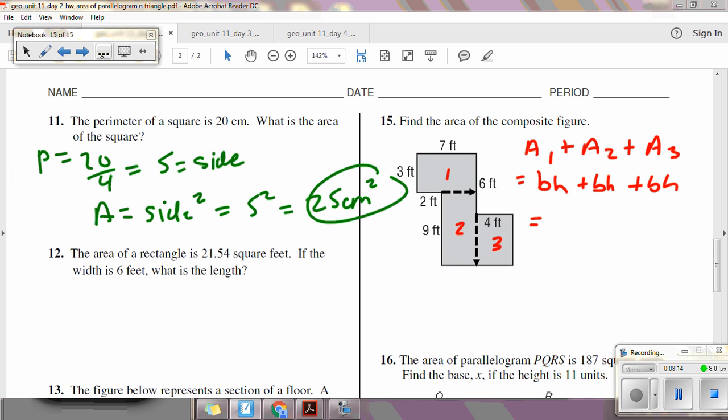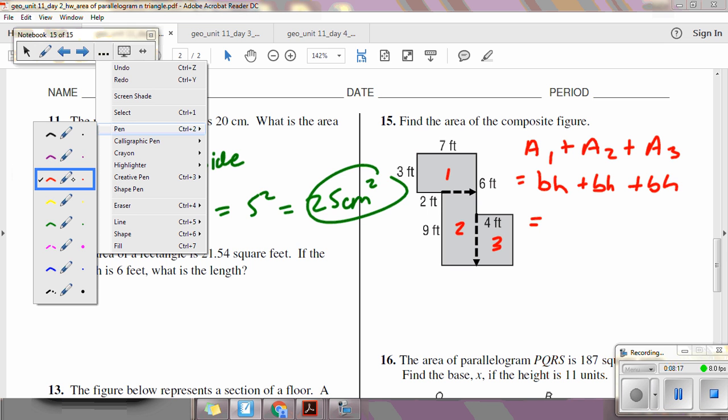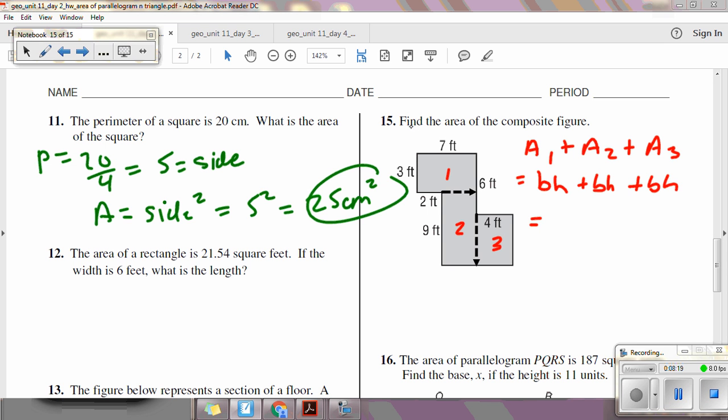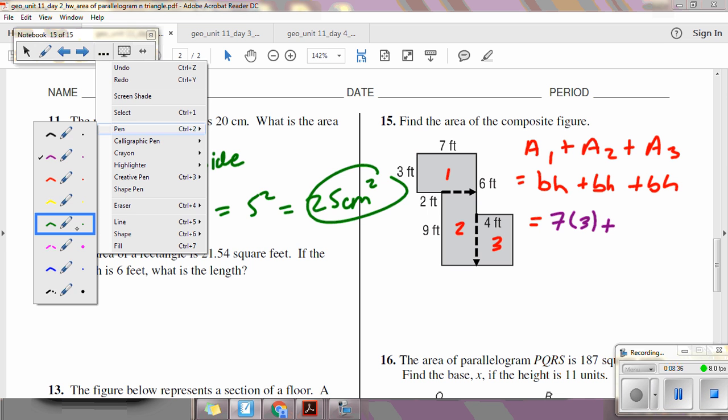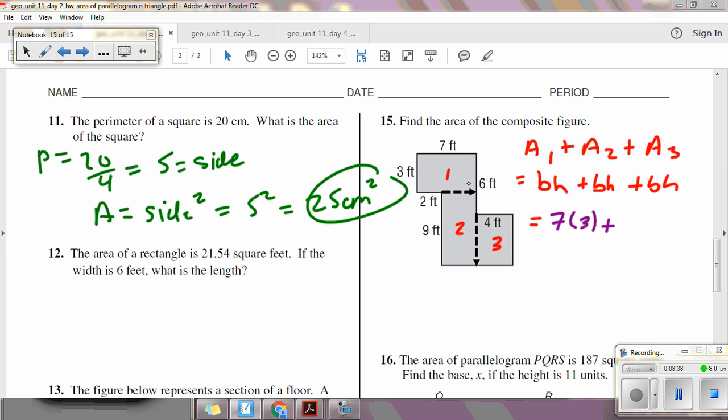So now let's make sure we get all of the dimensions necessary for each rectangle. So for the first rectangle, it's 7 by 3. For rectangle 2, I know the entire top is 7, and this bottom rectangle 1, that little left corner, is 2, so this has to be 5.